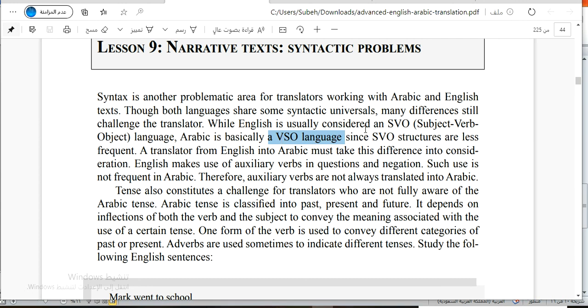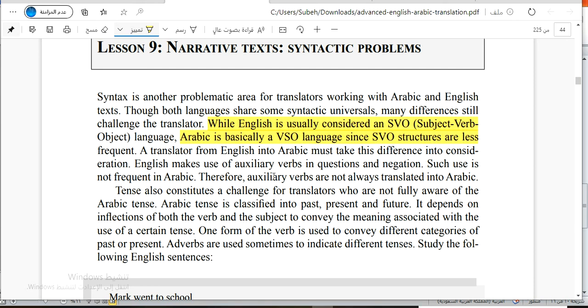However, English prefers to start with the subject. تبدأ بالفاعل. Again, while English is usually considered as subject, verb, object, let me use the marker here. Yes, Arabic is basically a verb subject object language, since subject verb object structures are less frequent.